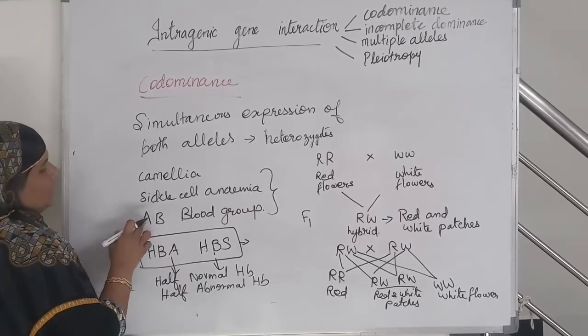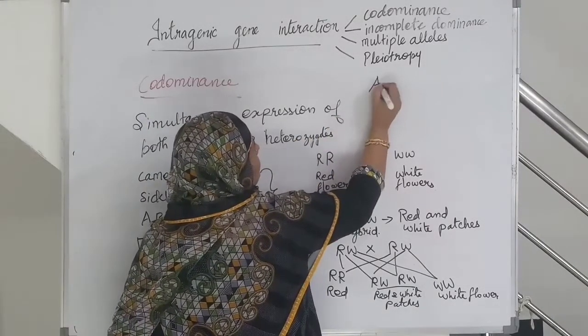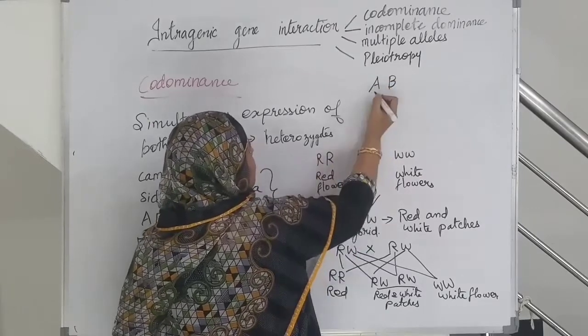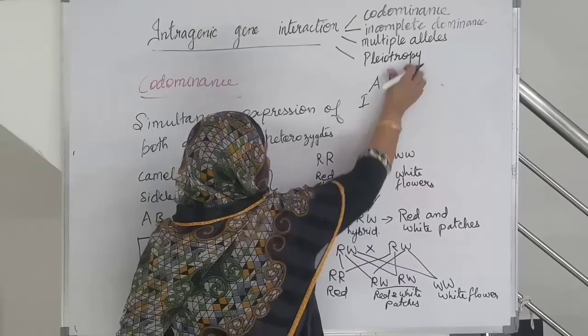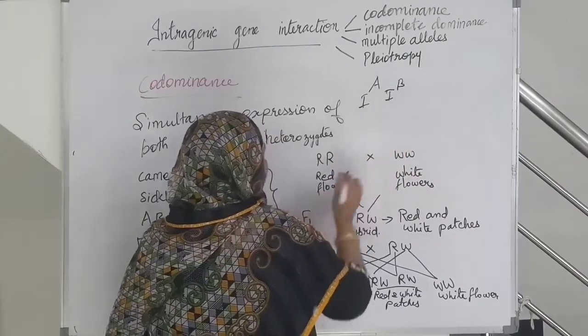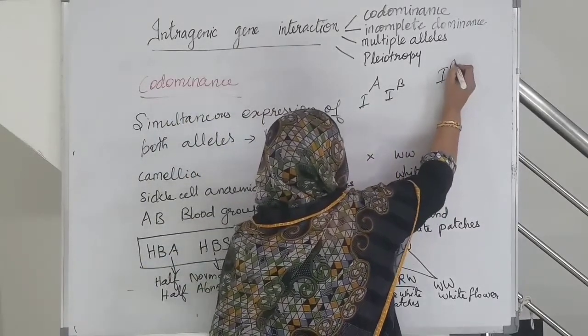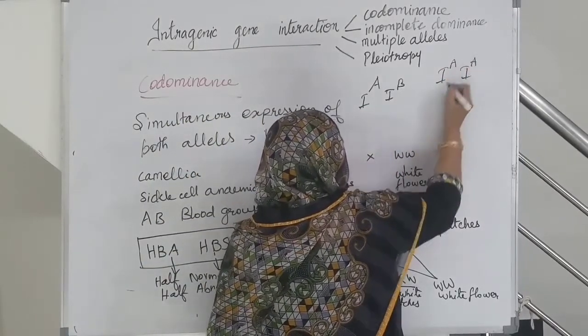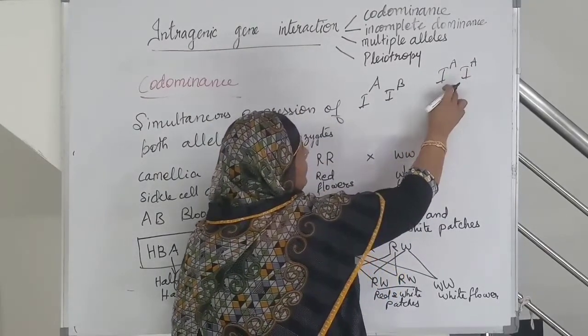And another one is AB blood group. This is A antigen and B antigen. The genotype is IA IB. For example, if you see the A blood group, if the genotype is like this, they receive the A blood group.